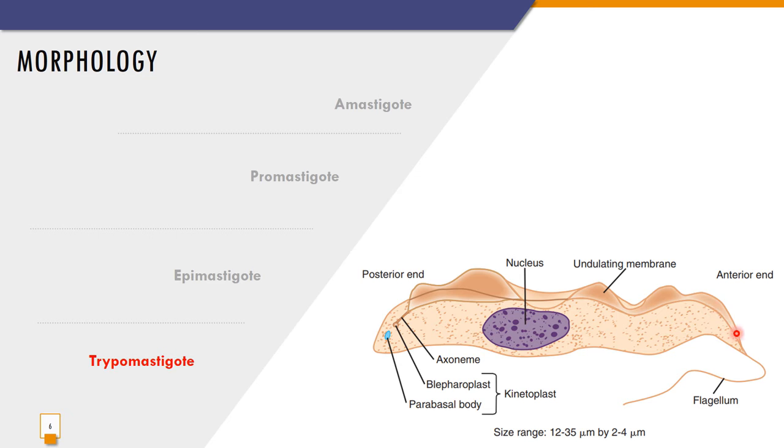Like the epimastigote, the trypomastigote has a flagellum and undulating membrane. The difference is that the undulating membrane of the trypomastigote covers the whole body length, while the epimastigote only covers half of the body length. And the single large nucleus is located anterior to the kinetoplast, and the anterior free flagellum may or may not be present.